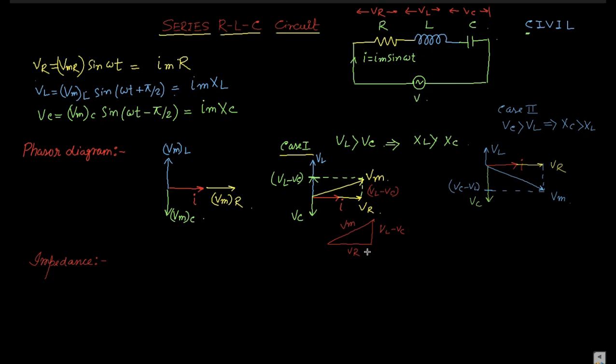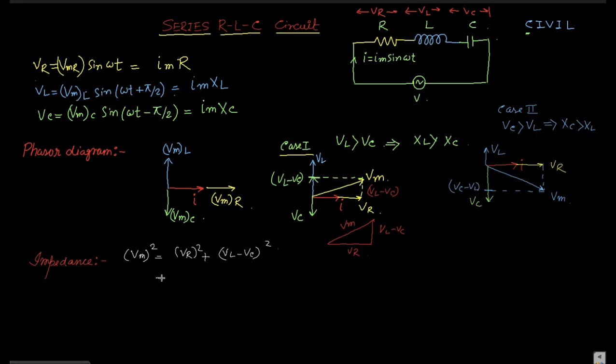So you can say that Vm square is equal to VR square plus VL minus VC square.